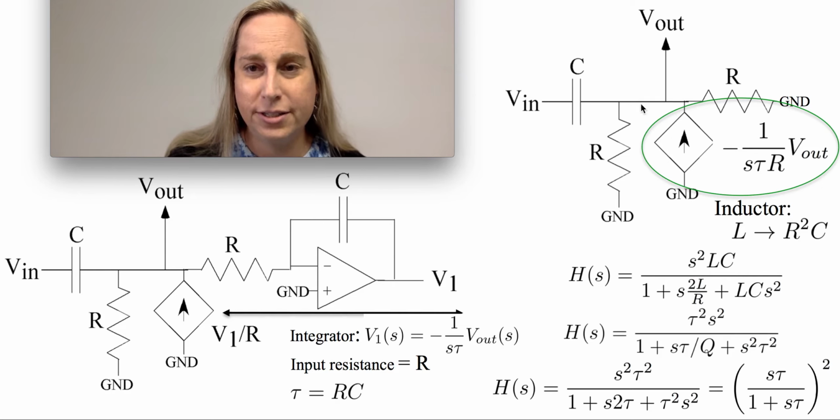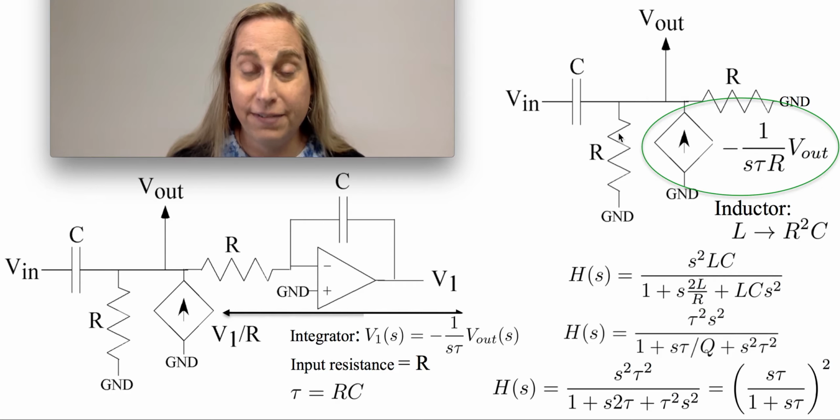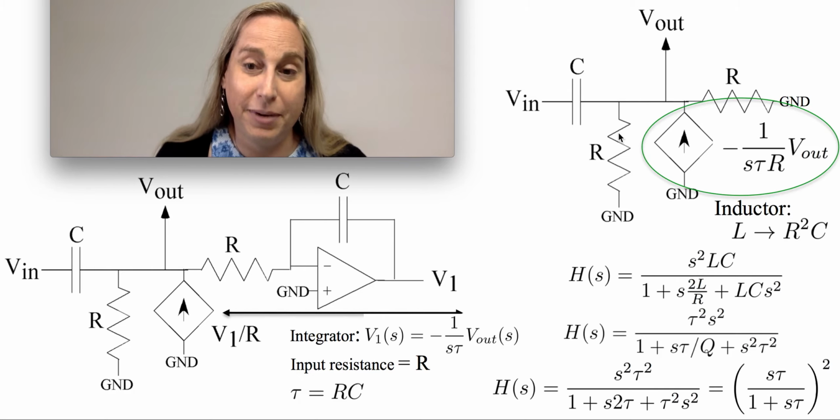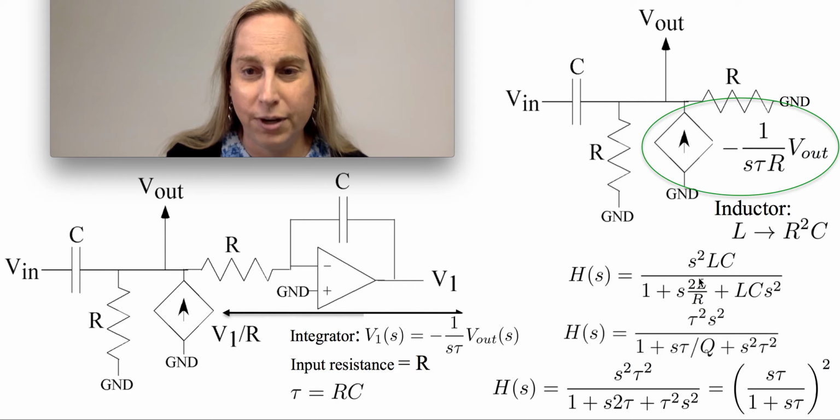Partially because this resistance is actually cut in half. Why? Because I have an R and an R in parallel. The net effect is that two R's in parallel give me a resistance that's half that amount. That's where this is coming from. And I could take this structure and look at what my tau and my Q are for this particular structure, and L and R.